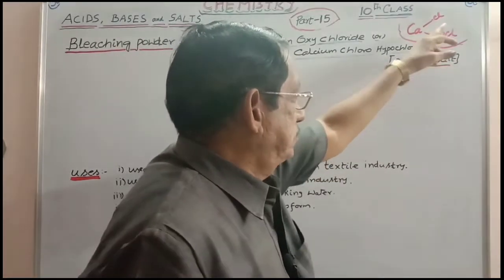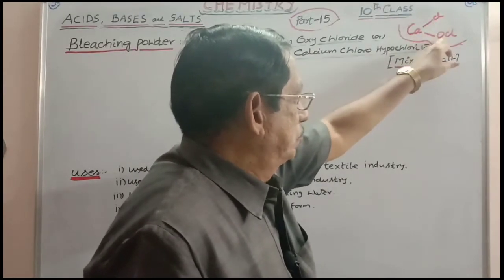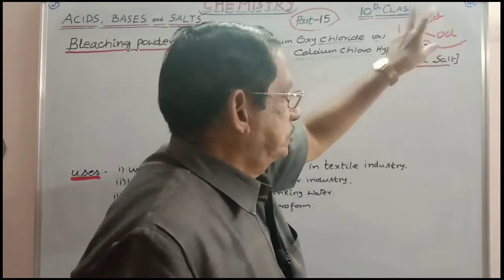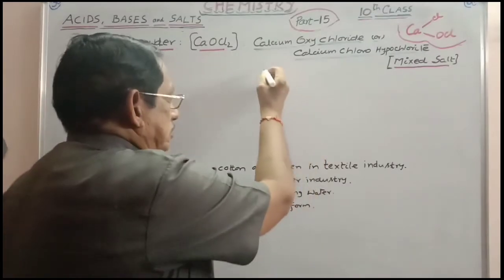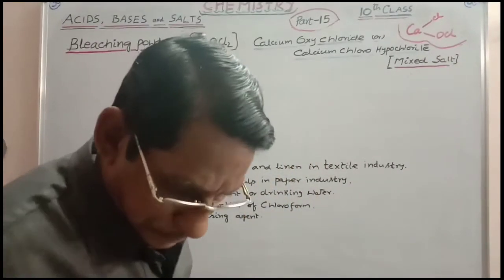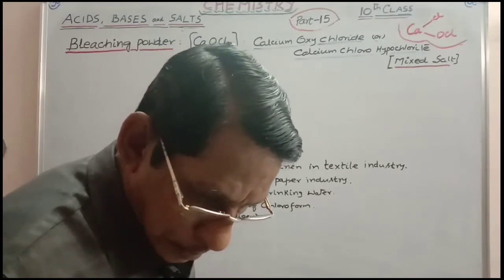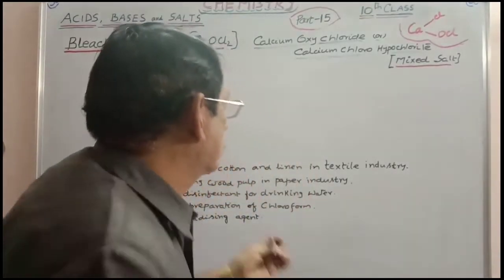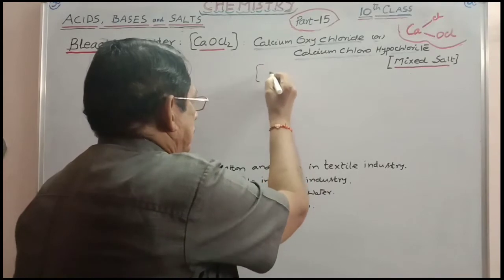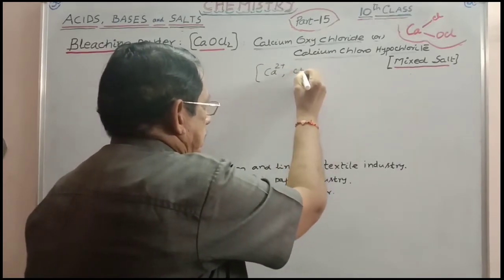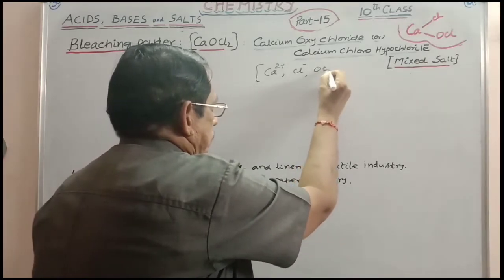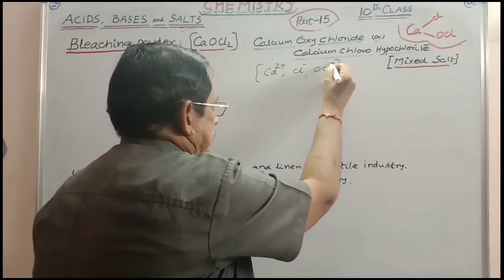This is the structural aspect. Cl is one group, OCl hypochlorite is another group, and both are attached to calcium. So here you can take it in this manner whenever necessary. Like this: Ca2+ is one ion, Cl- is another ion, OCl- is another ion.